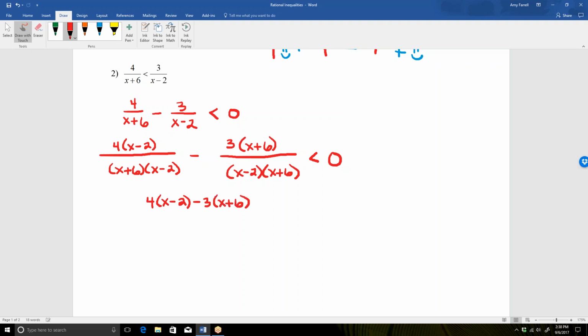I'm going to subtract my numerators, retain that common denominator. Now the order in which I write the factors in the denominator does not matter.